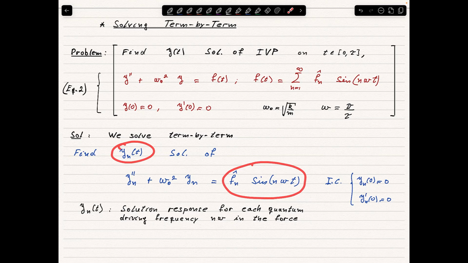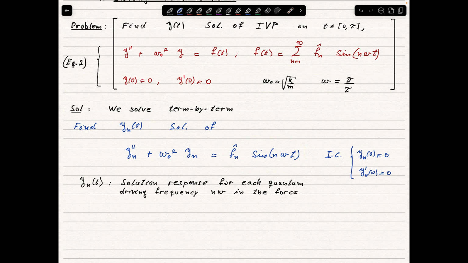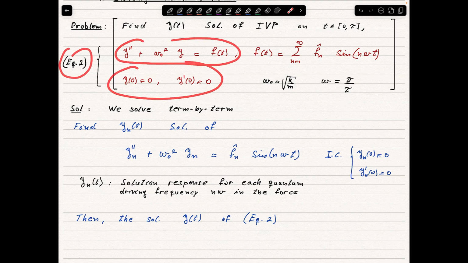And then the idea is that if we do that, then the solution that we are looking for, y of t of equation 2. What is equation 2? Well, equation 2 is that, with that.